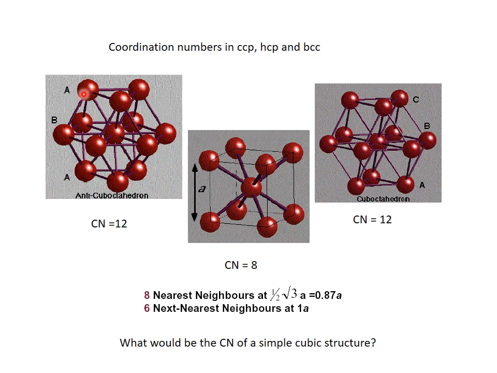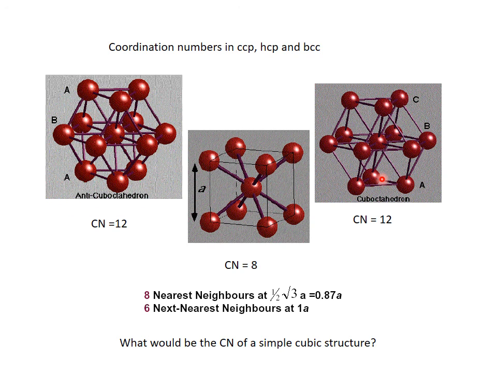So in the case of ABA stacking, basically the atoms of the first layer must lie directly above the atoms of the third layer. Okay, so that means that these 2 triangles here, they stand in an eclipsed orientation relative to each other. So that builds an anti-cube-octahedron.